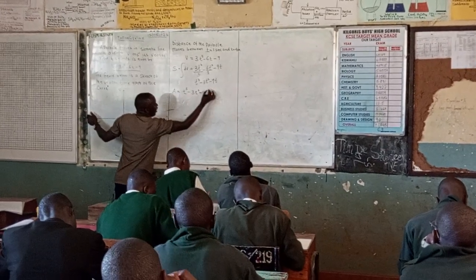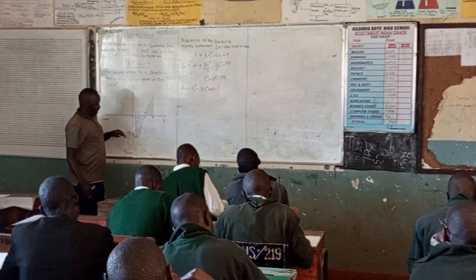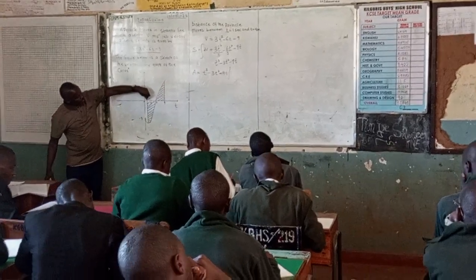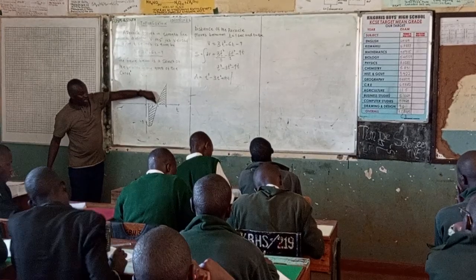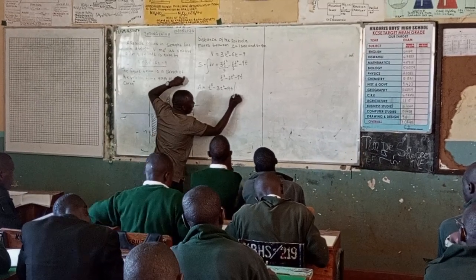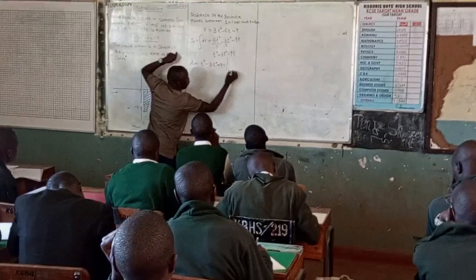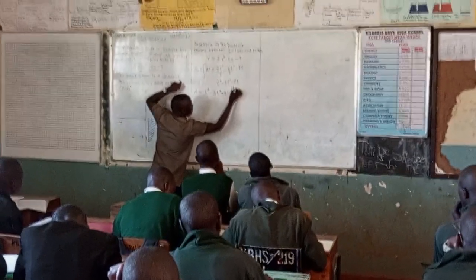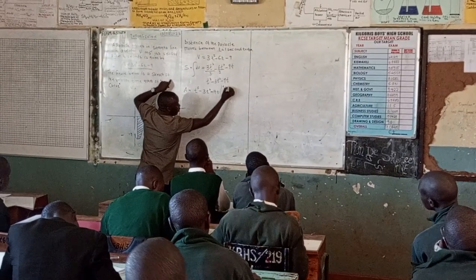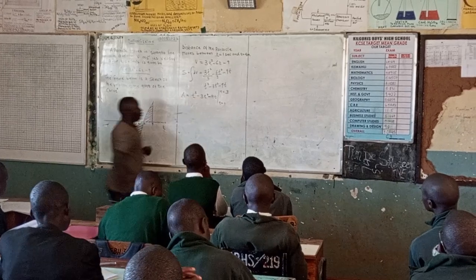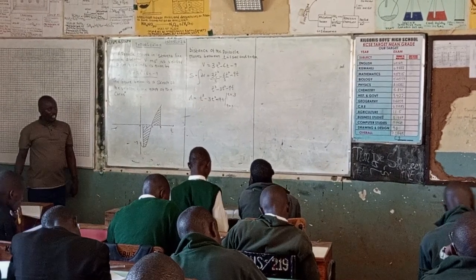In this case, the first area is between 1 second and 3 seconds, so t equals 1 and t equals 3. Now how can you find the area?